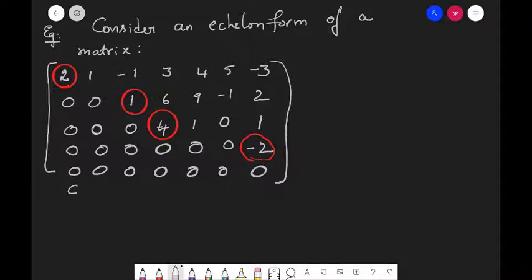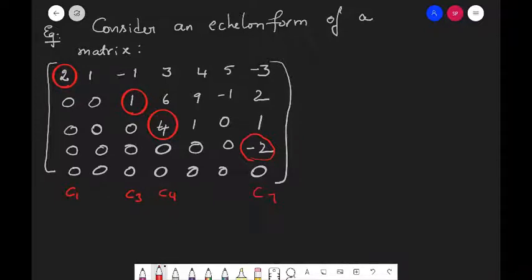So suppose I have here pivot columns. Let us first write what are the pivot columns. C1 and then C3, C4 and then C7. These are pivot columns.